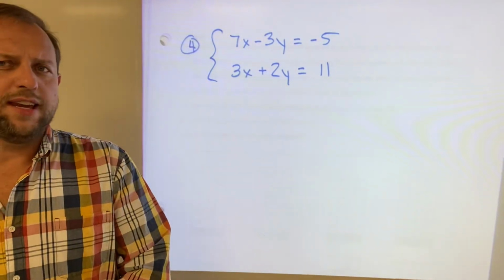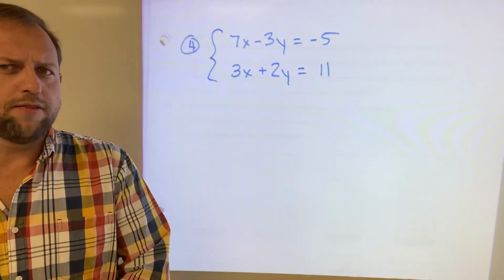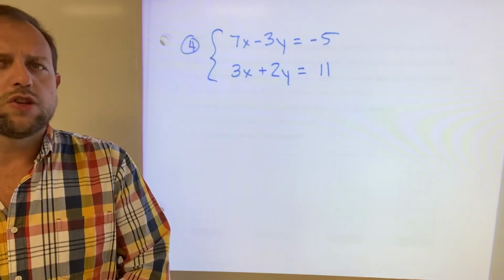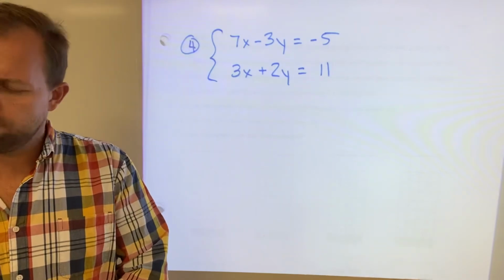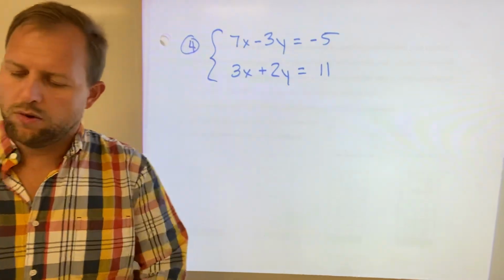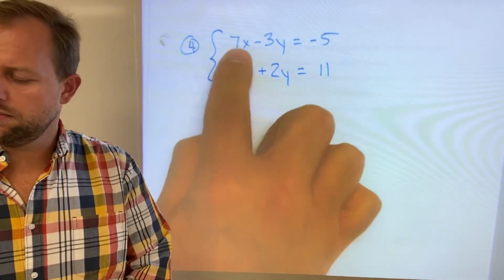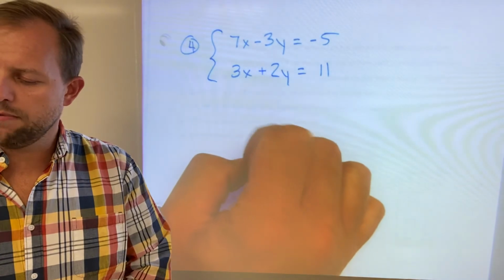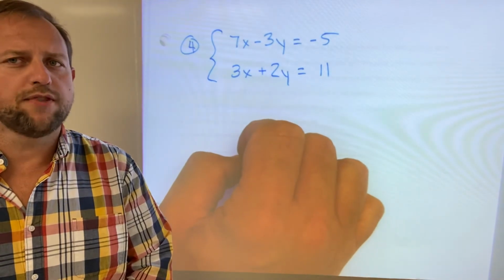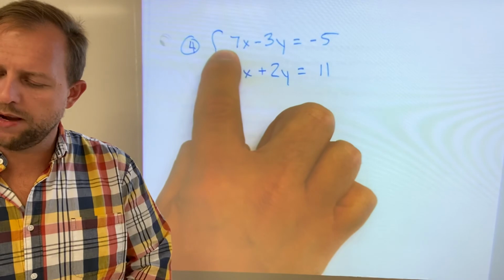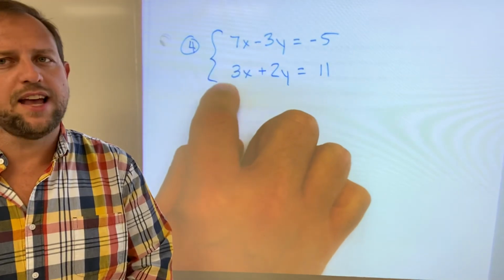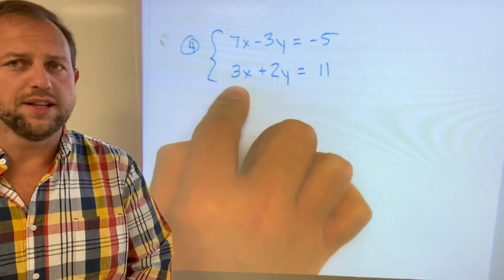So in this case, neither pair of variables match again, so we're going to have to do some multiplying. Well, 7 and 3, they're going to have to be multiplied together and get a 21 for that to work. So we'd have to multiply this one by 3, that one by 7 to get 21s.